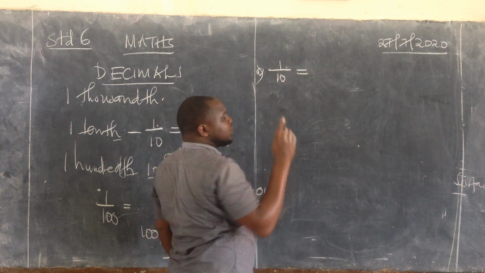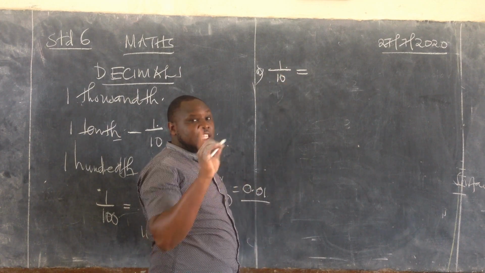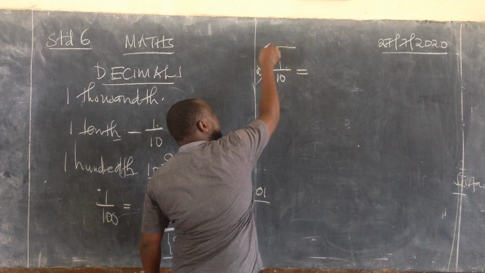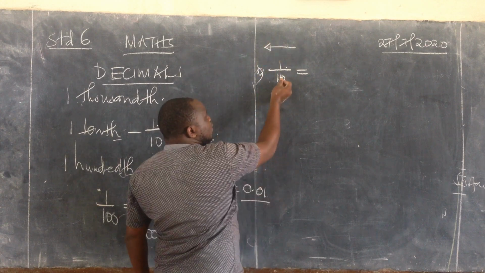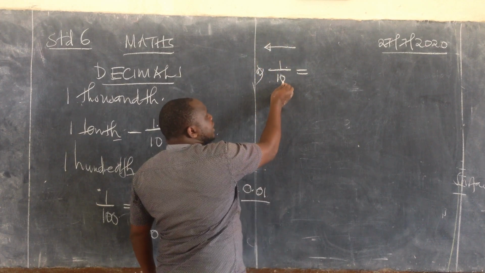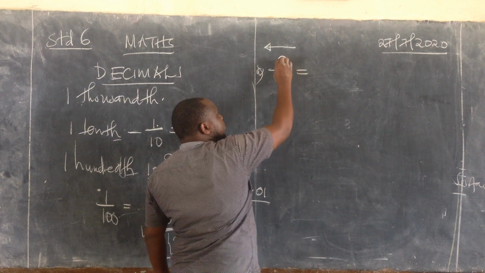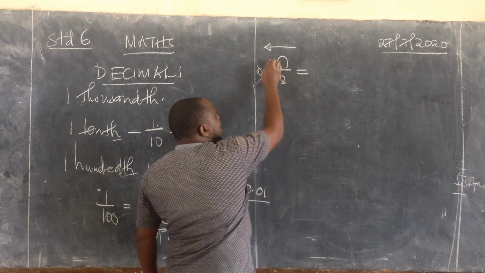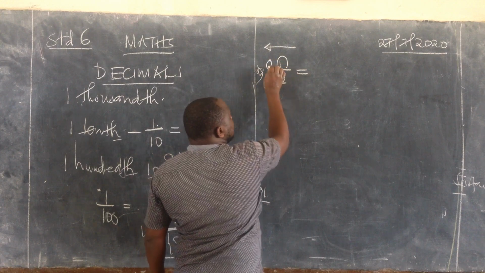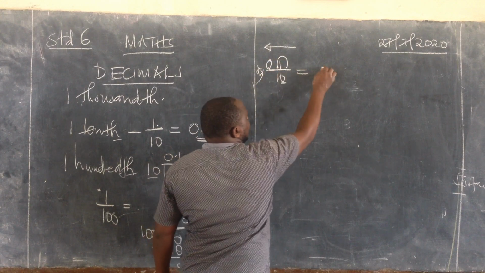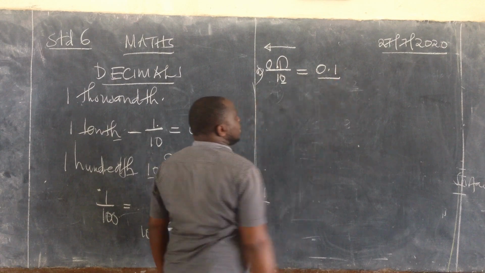When you're dividing with zeros, the decimal point moves backwards, the number of times equal to the number of zeros. So one time, it will come there, and you add a 0 there. So you read this as 0.1.